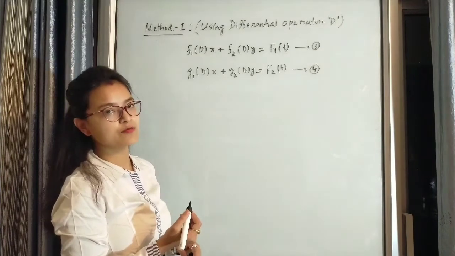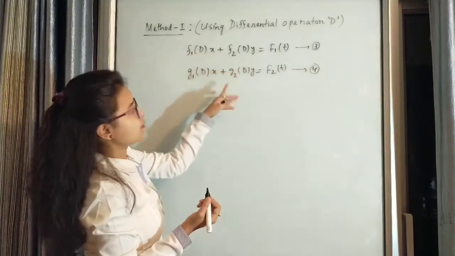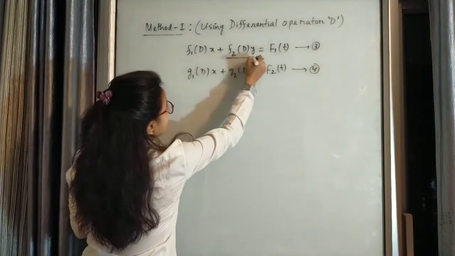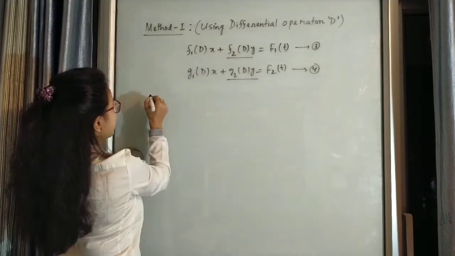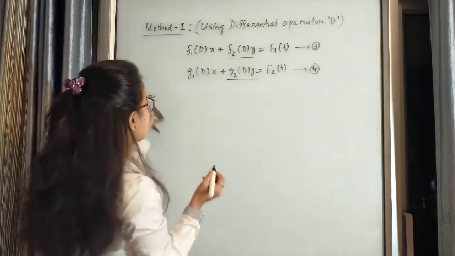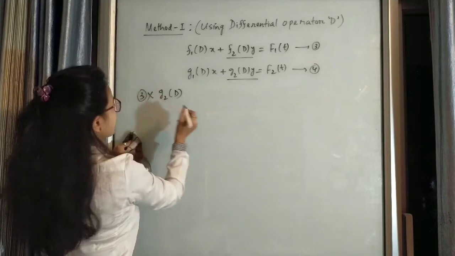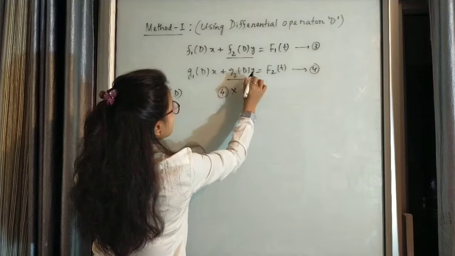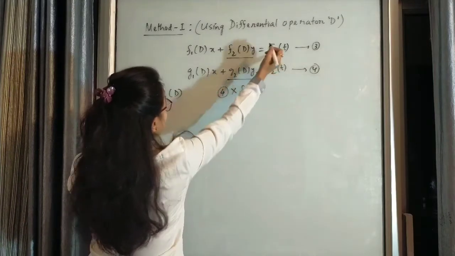To solve this system, we can first eliminate any one of the variables x or y. If we want to eliminate y from the equations, then operate on both sides of equation 3 by g2(D) and operate on both sides of equation 4 by f2(D) and subtract 4 from 3.